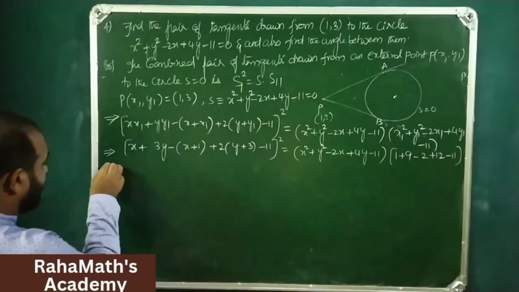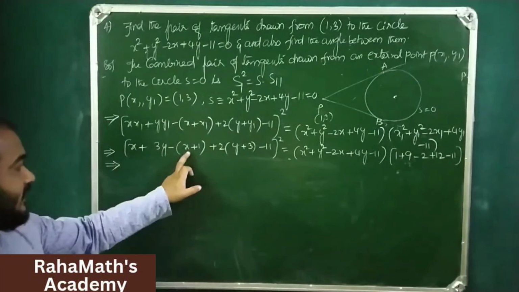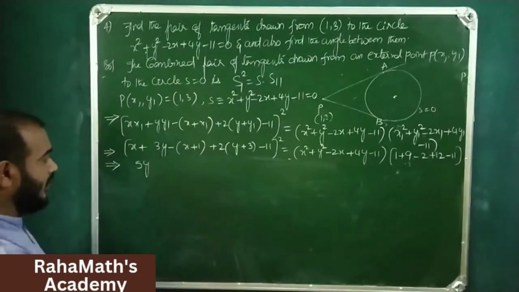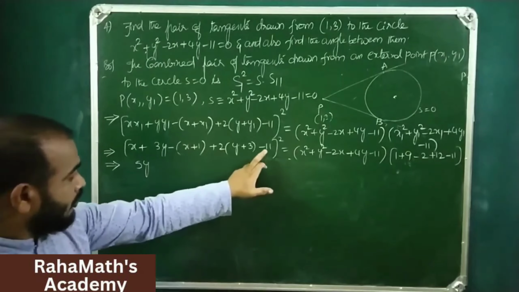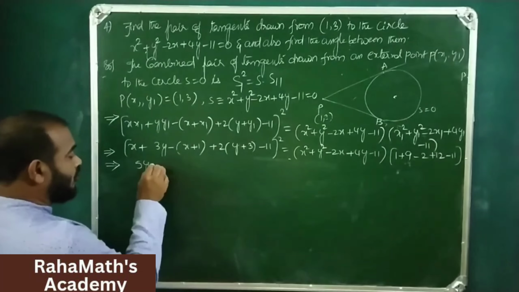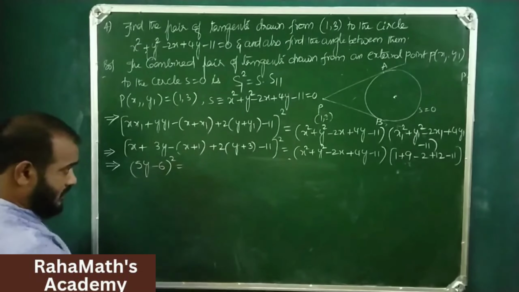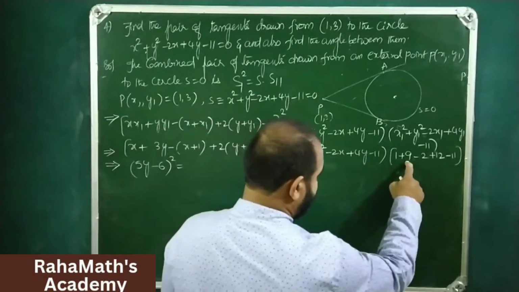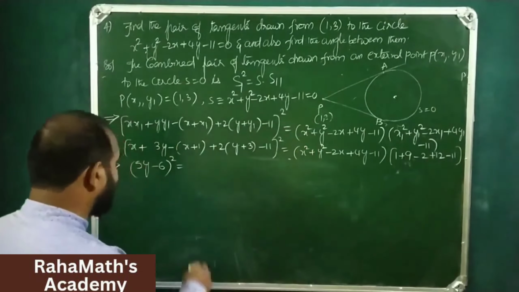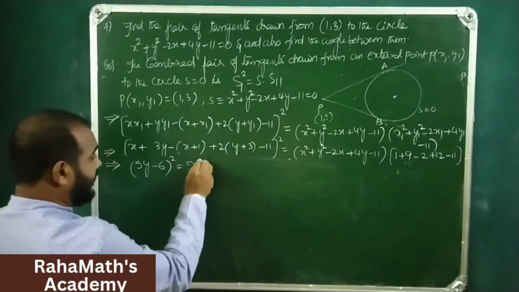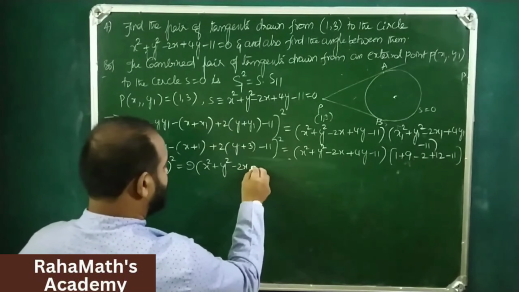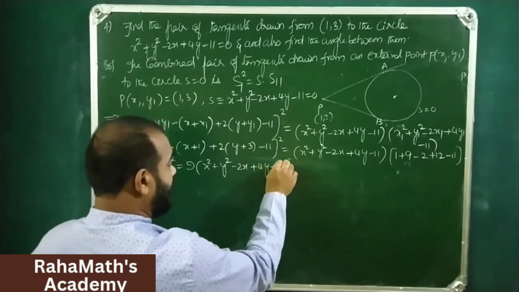This is equal to, x minus x gets cancelled. This is 3y plus 2y which is 5y. Next, this is minus 1 minus 11, minus 12, plus 2 threes are 6. So minus 12 plus 6 is minus 6, whole square is equal to, this is 1 plus 9, 10, 10 plus 12, 22, minus 13, that is 9. So this is 9 into x square plus y square minus 2x plus 4y minus 11.